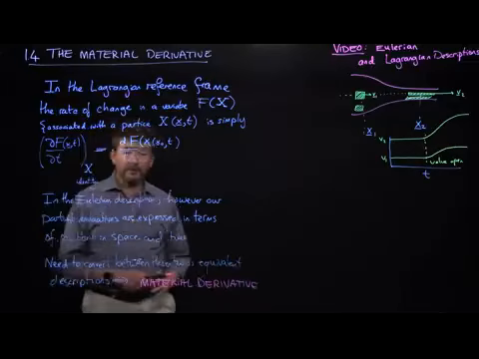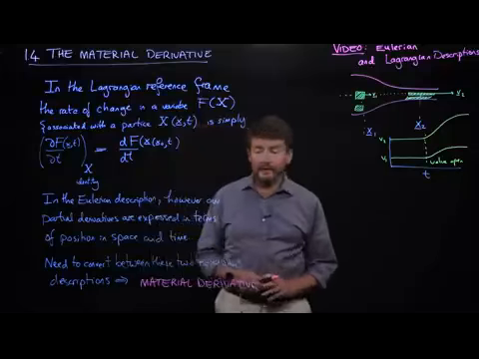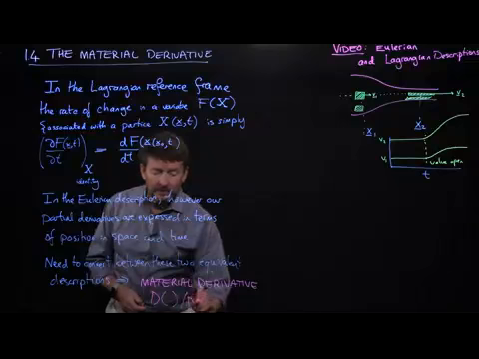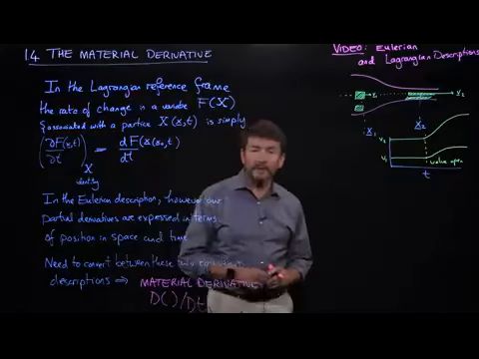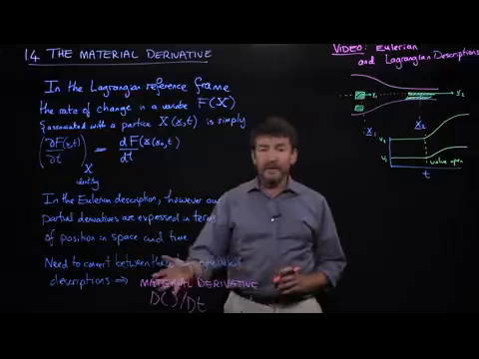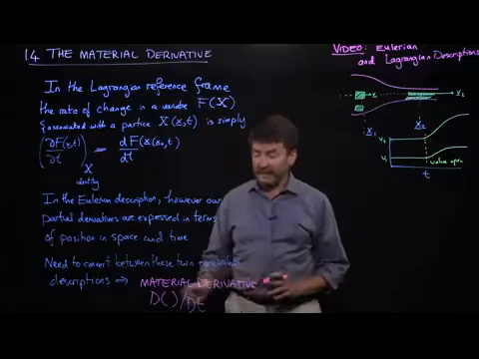And because this operator shows up so much, we're going to give it a special notation. It is a differential operator, and it's a time rate of change of something, so we'll indicate it as a rate of change with respect to time, and we're going to give it this symbol, big D by dt.